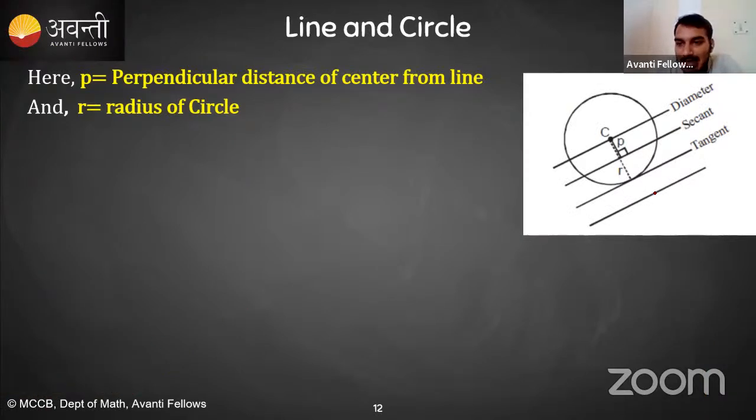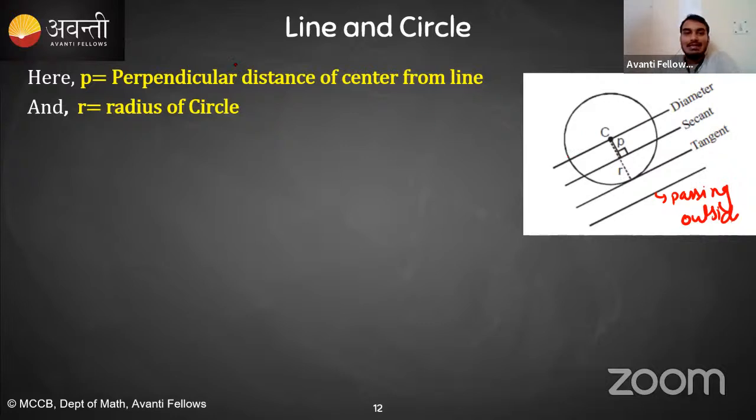A line can pass outside the circle, or just touch the circle, or it can intersect the circle at two different points, or it can pass through the center. Yes or no?